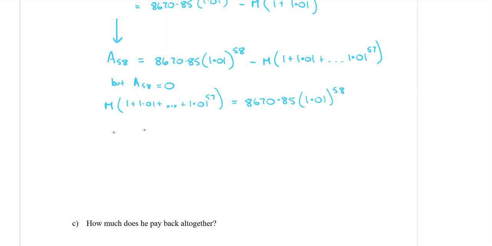Okay, summing the series, A is 1, R is 1.01 to the power of 58, minus 1 over, I'm just going to change it straight to be 0.01, subtract the 1 straight off it.